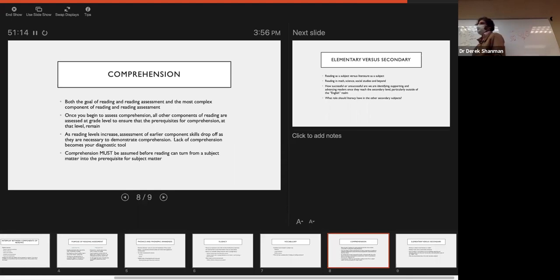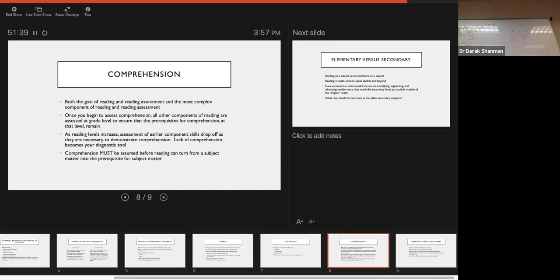Finally, comprehension. So once we get to the comprehension level of assessment, and we are really successful with it, that's where we're really hitting the go button, right? That's where everything really takes off and we start to just assess comprehension until we're no longer even assessing comprehension.